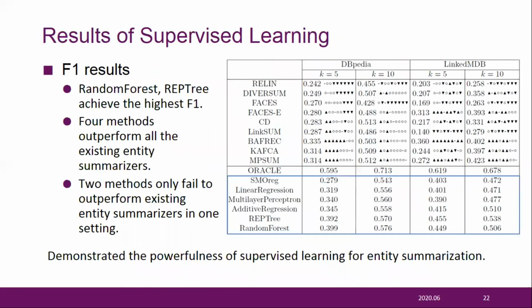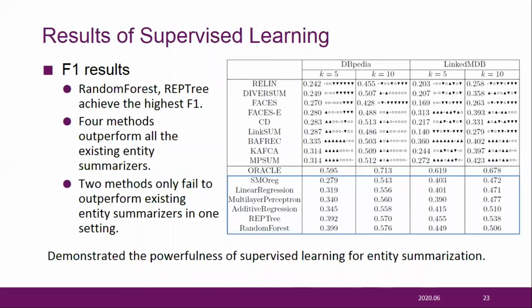We then analyze the results of the supervised learning-based methods. We can see that among the 6 methods, random forest achieves the highest F1 on DBpedia, and RapTree achieves the highest F1 on LinkedIn.